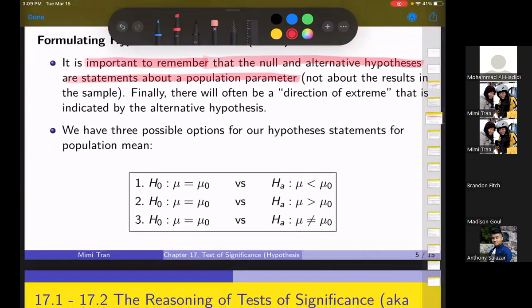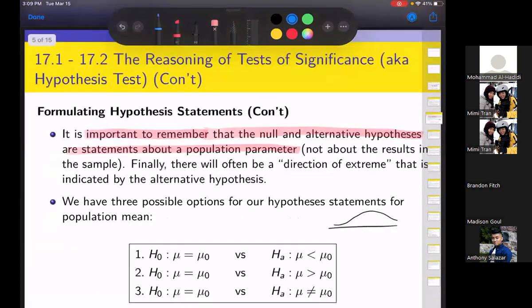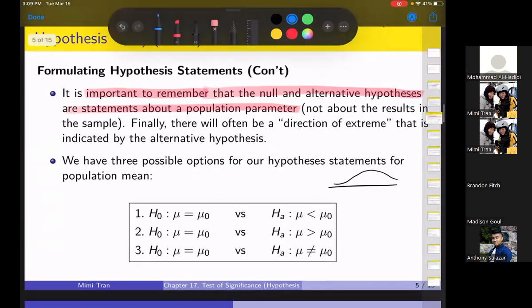And HA is the direction of extreme. When I say extreme, say if it's mu less than mu naught, you want this part, the left tail.